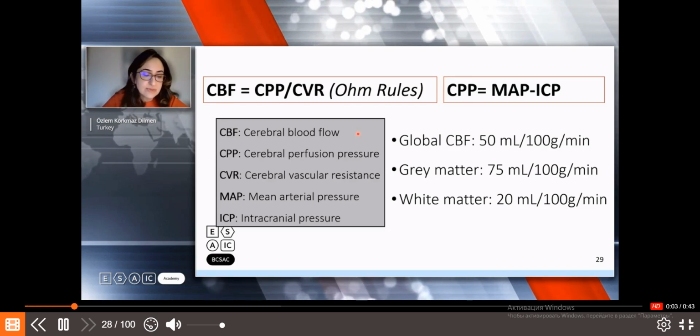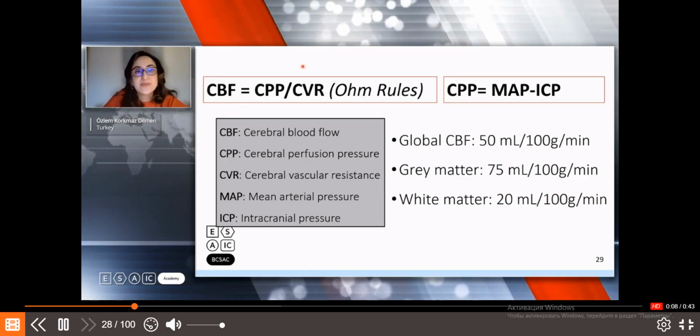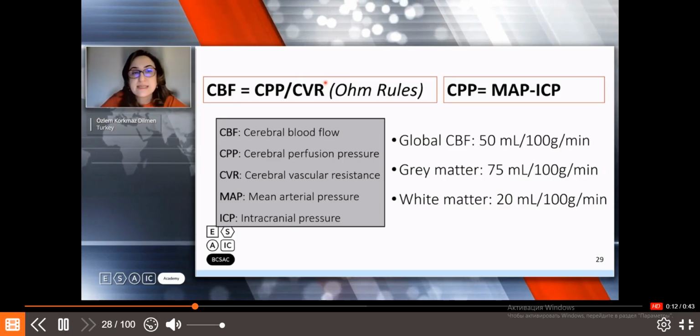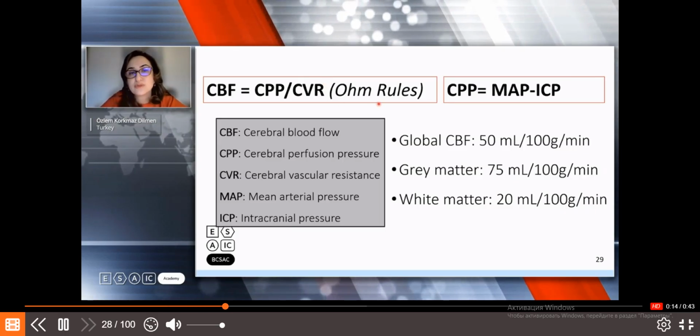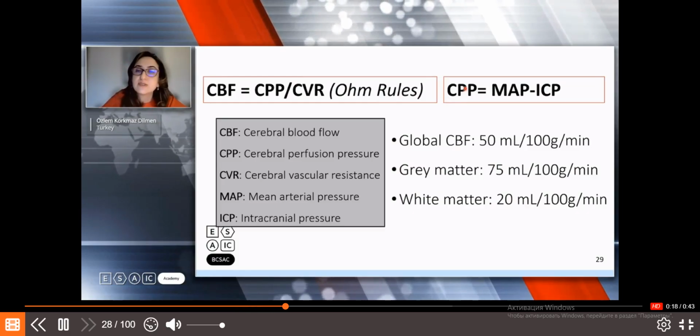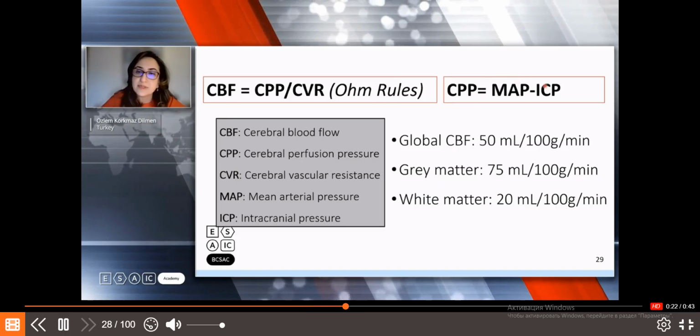Cerebral blood flow is proportional to cerebral perfusion pressure and inversely proportional to cerebral vascular resistance, regarding Ohm's law. Cerebral perfusion pressure can be calculated as mean arterial pressure minus intracranial pressure.